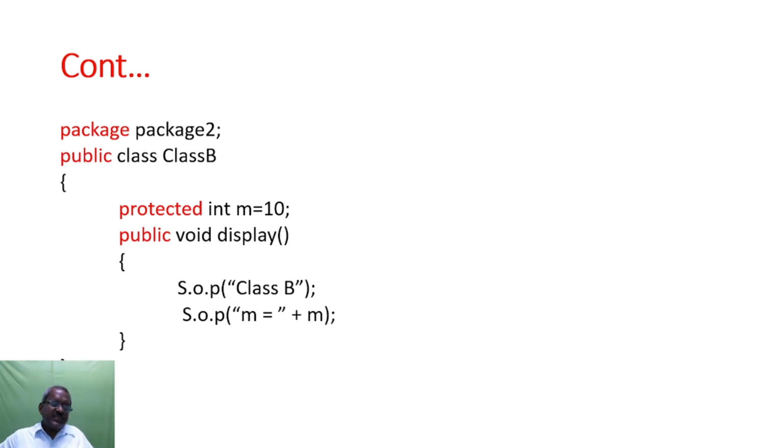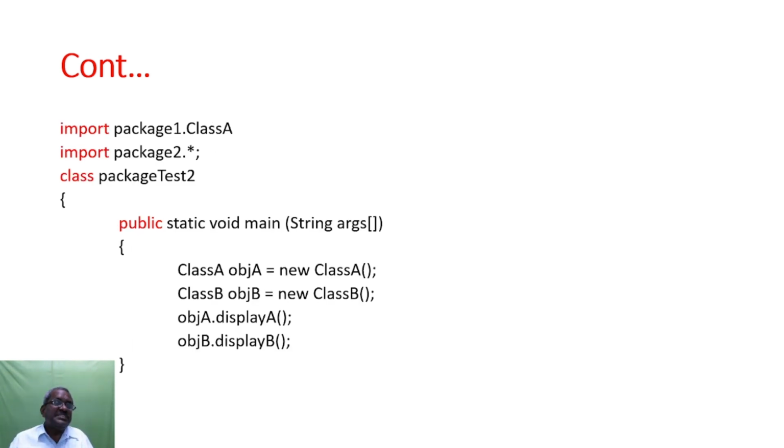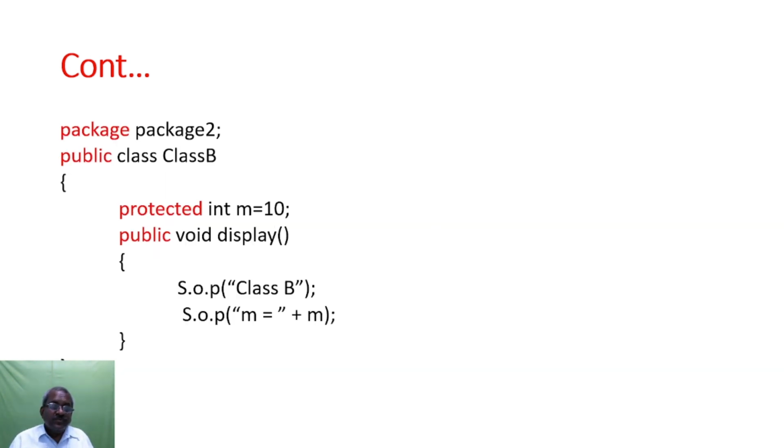Here you say that it is class B, and you also print the value of m. So what will happen? Here the output should be class B and 10.